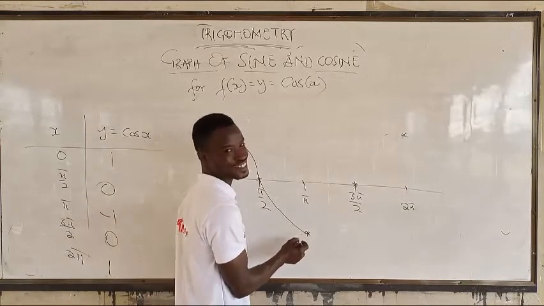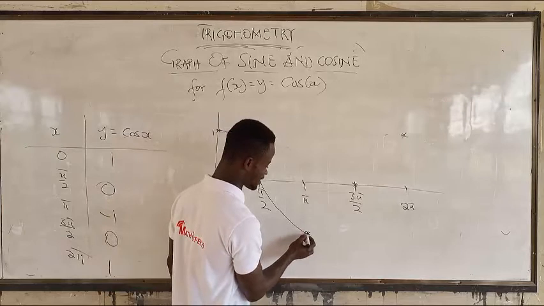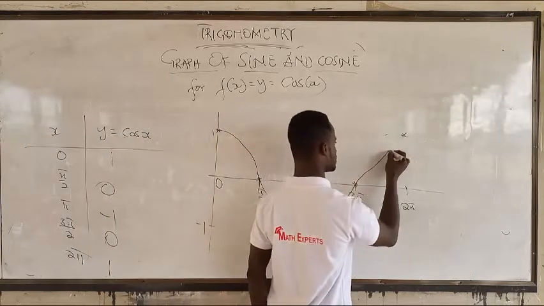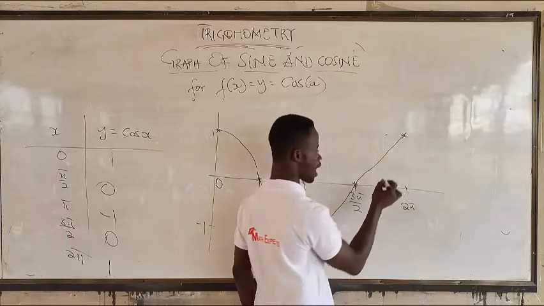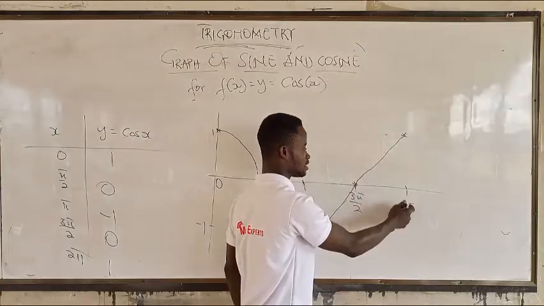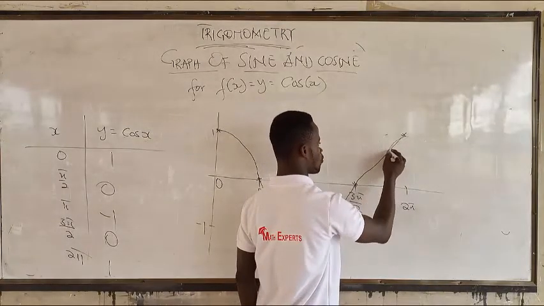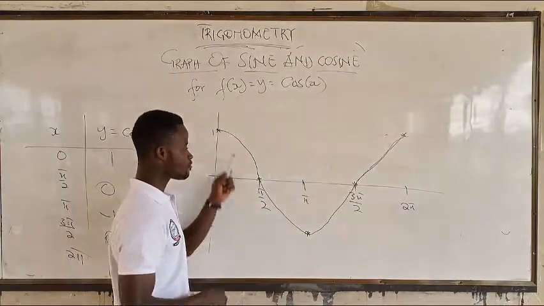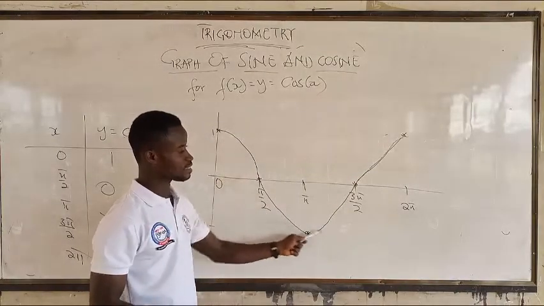Then it starts increasing, marvelous, until it gets to 1. Then it ends there because that is 1 period. Don't forget, this is what we call 1 period. So the first period is 2 pi.